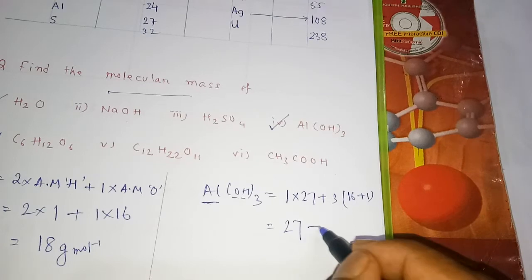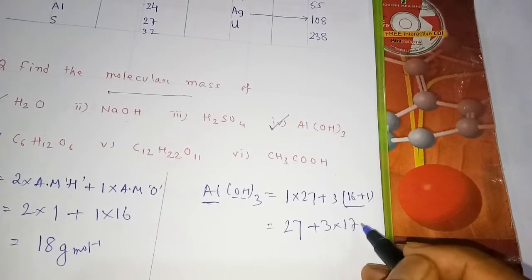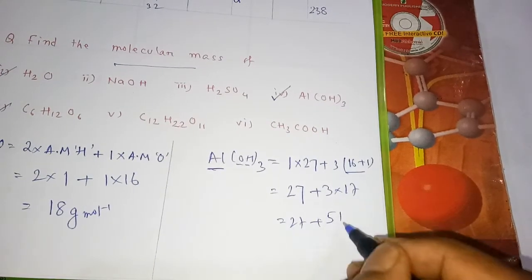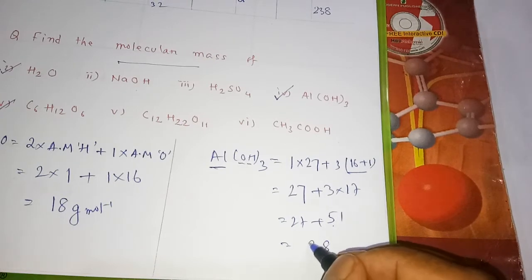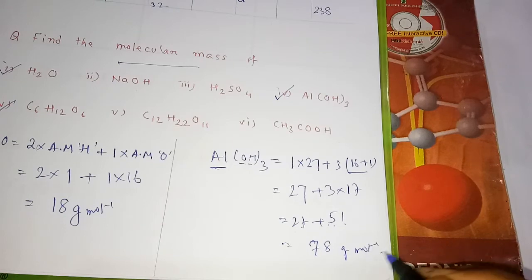So it becomes 27 plus 3 into 17, 27 plus 51, which is 78 gram per mole.